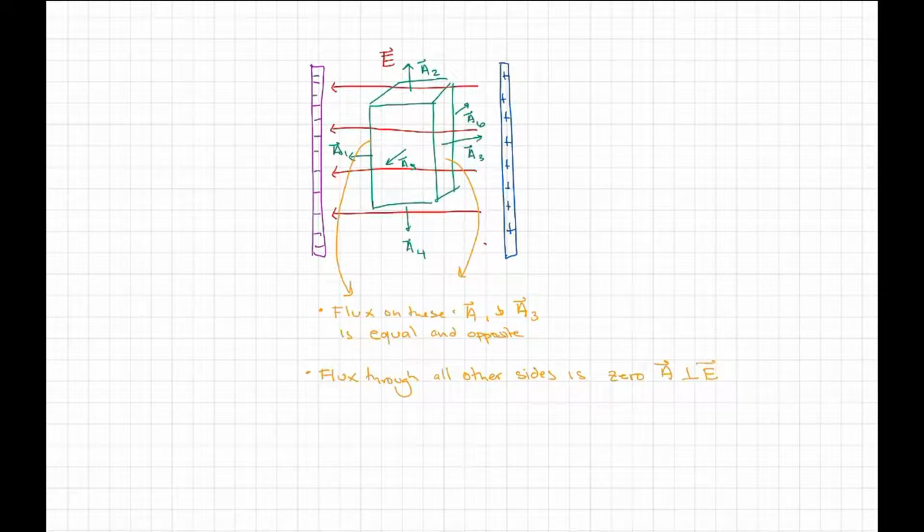Okay, so the total flux through this rectangle is 0. Okay, the total flux is 0. The field is literally just passing through, okay?